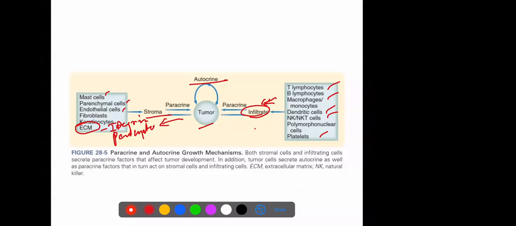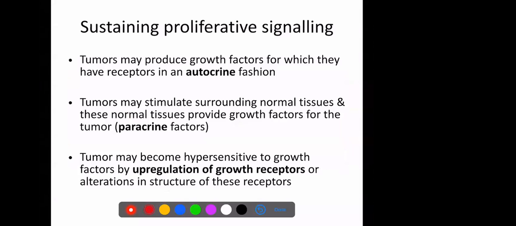So these inhibitory signals will be overcome by the stimulatory signals at one particular point of time. At that point of time, the tumor is going to further progress. Okay. So tumors may produce growth factors for which they have the receptors in an autocrine fashion, and it can be paracrine factors. They stimulate the surrounding normal tissues, and these normal tissues provide growth factors for the tumor. And tumor may become hypersensitive to growth factors by upregulation of growth receptors.